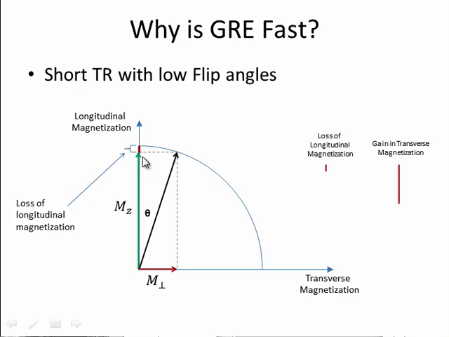To get a T1 weighted image, we really need to be changing the longitudinal magnetization significantly. And also, in order to get a T2 star or T2 weighted image, we need to be changing the transverse magnetization significantly. So here, we could say that we're more T2 star weighted than we are T1 weighted if we have a low flip angle. And remember, for gradient echo, we cannot be T2 weighted because we do not refocus the magnetization, so our signal is always an FID.